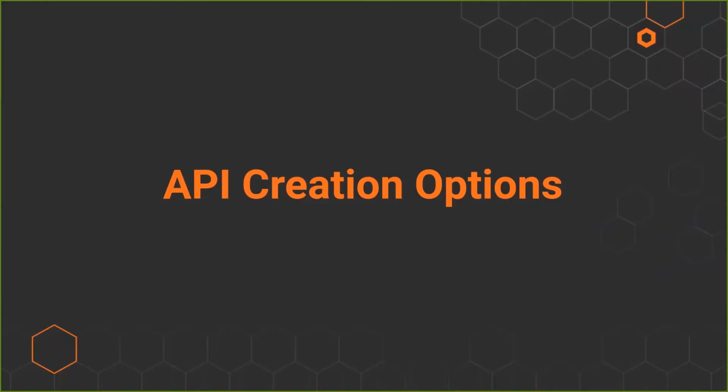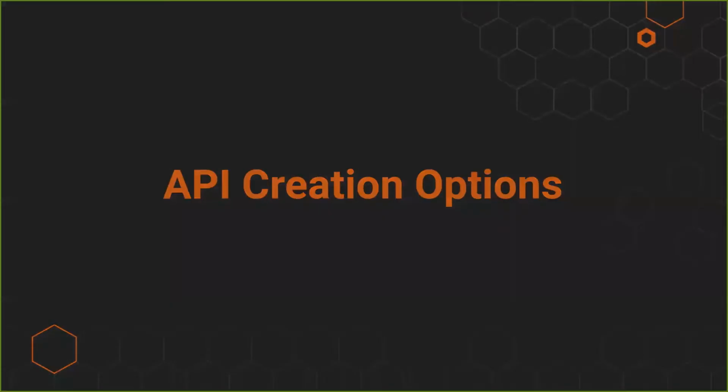So, API creation options. In the last community call, as you remember, we created the GraphQL API using an SDL. So in today's session, let's see what other options are available.